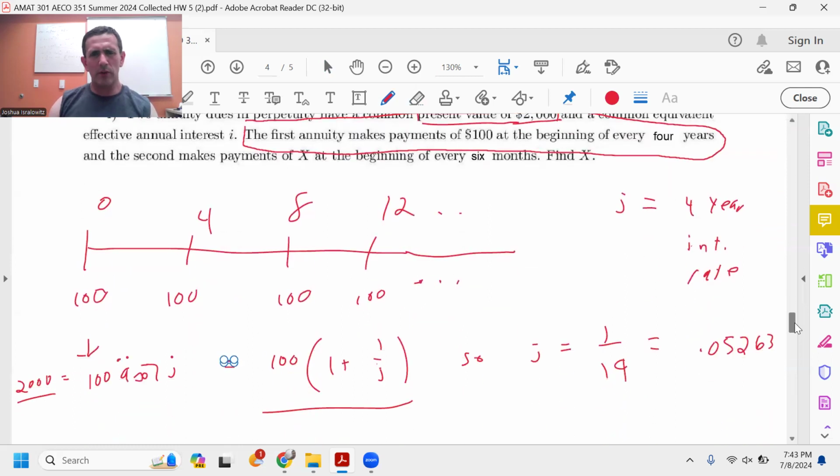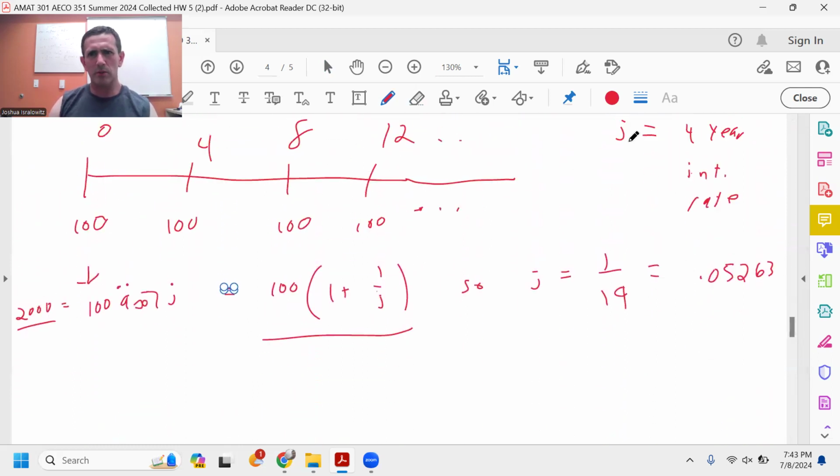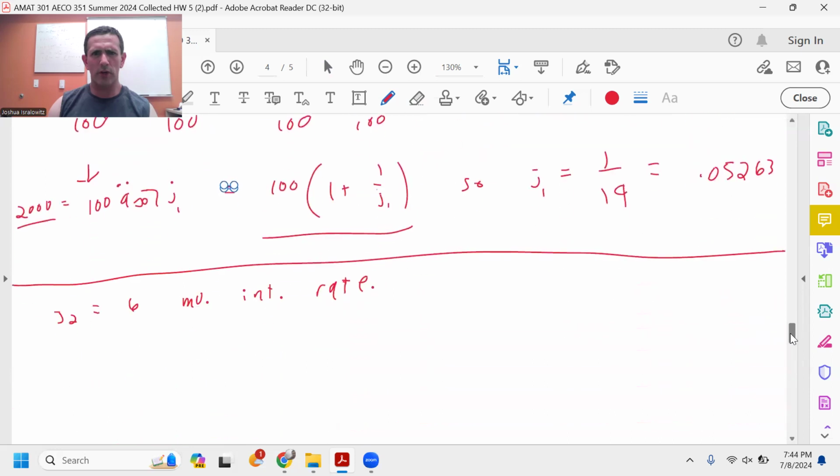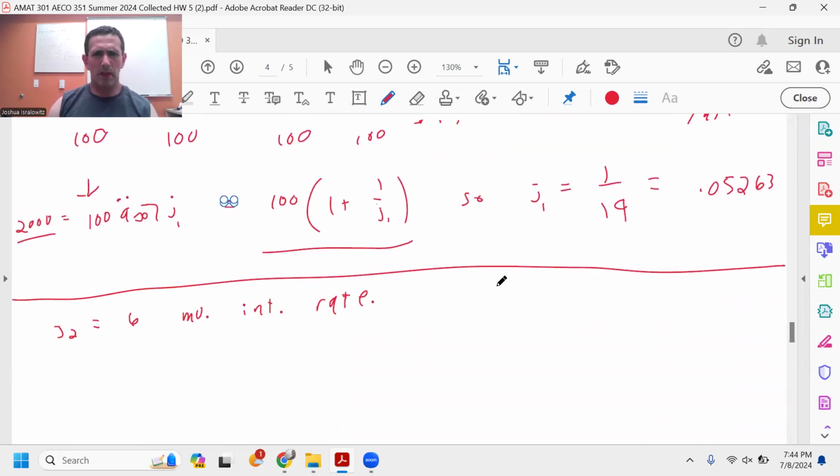All right, so you can now do this one of two ways. Let's say J2 is my 6-month interest rate. You can save time and just directly connect the 6-month interest rate to the 4-year interest rate. Compound 6 months of growth 8 times to get 4 years of growth.